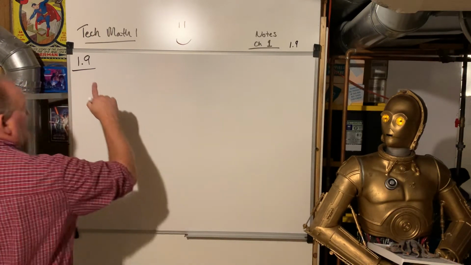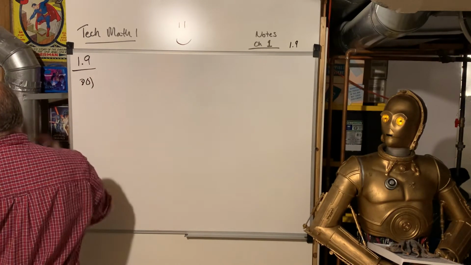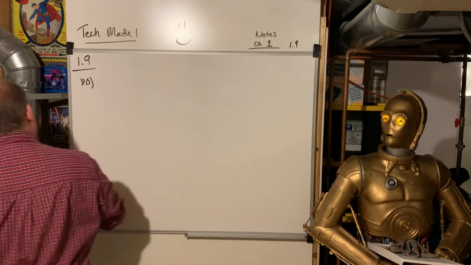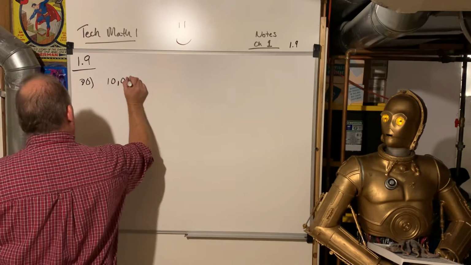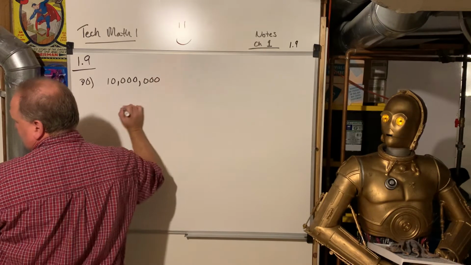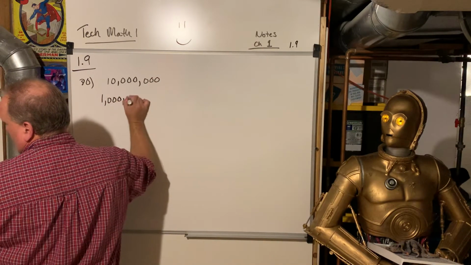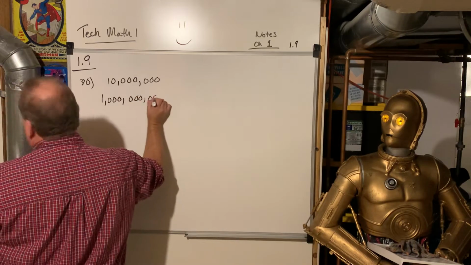1.9 on Techmath1. We're looking at number 80. This is writing large numbers as exponents, base 10 numbers. 1 billion.